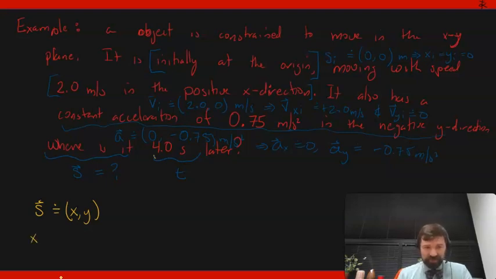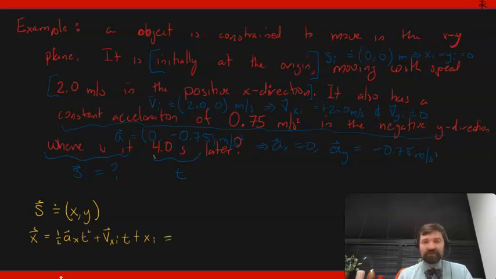But in any case, x is given by 1/2 a_x t squared plus v_x initial times time plus x initial.